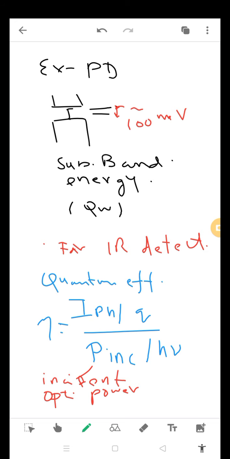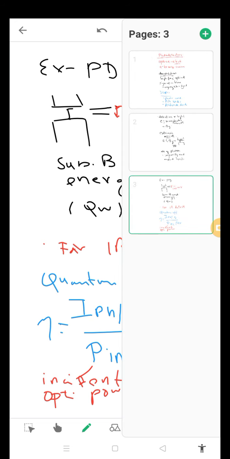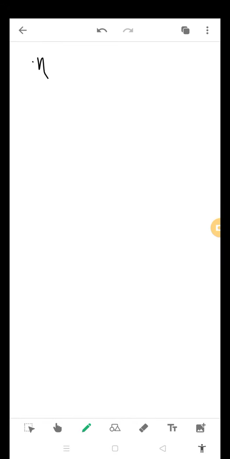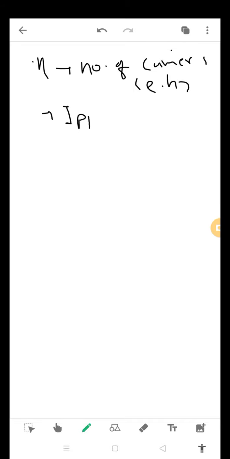Now this efficiency, eta, is nothing but the number of carriers, that means the number of electron hole pairs generated, or rather collected, to produce the photocurrent IPH, divided by the number of photons.